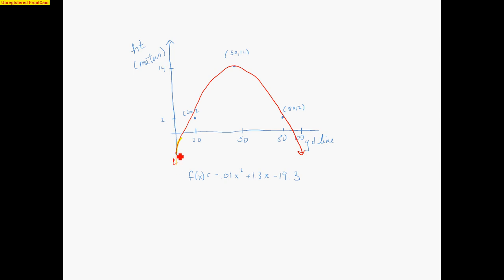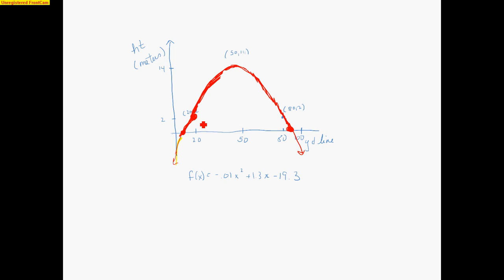Now I know this is negative 19.3, but it's outside my reasonable domain. So again, I prefer if you dash the unreasonable part. But since I didn't dash to begin with, I'm going to just darken the reasonable part of this graph. If you wanted to include this as reasonable, saying, well, maybe if the ball got knocked out of the quarterback's hand, it would go from ground to ground, I would accept that.